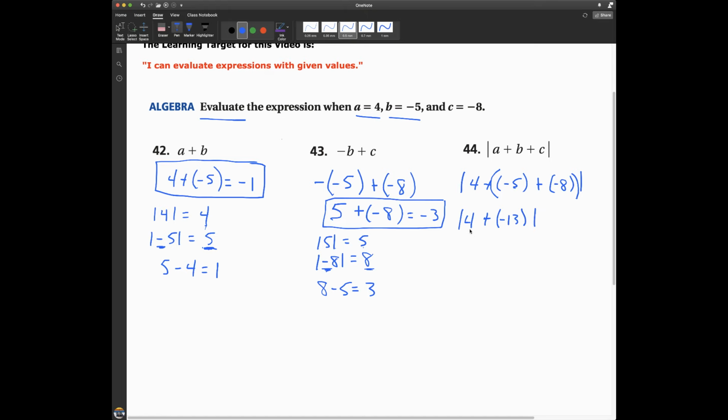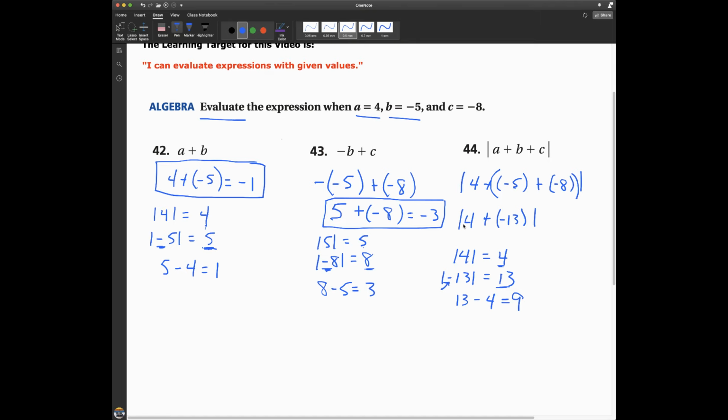All right. So now inside of the absolute value sign, I have two integers that have different signs. So again, follow the process we've been learning. Find those absolute values, and then subtract. 13 minus 4 is 9. But this absolute value is bigger than that one, so keep the sign.